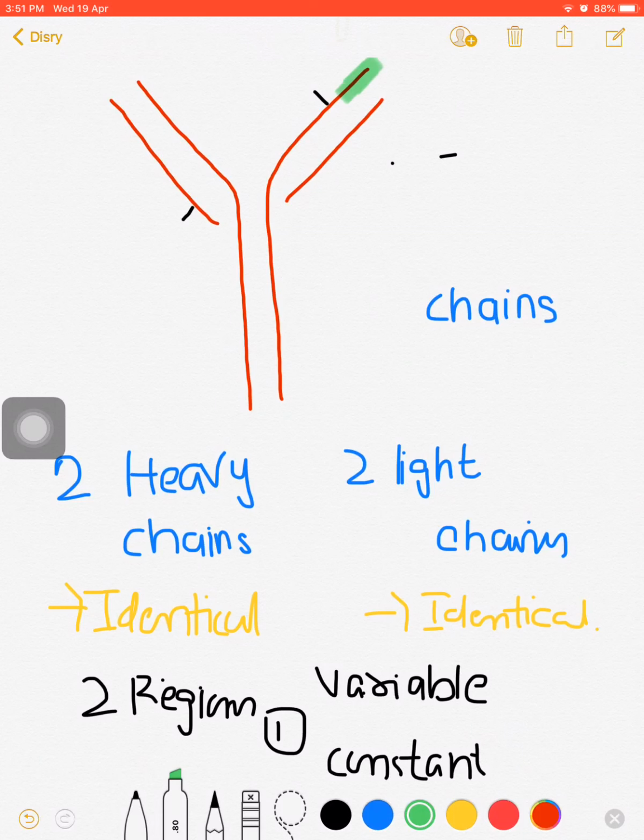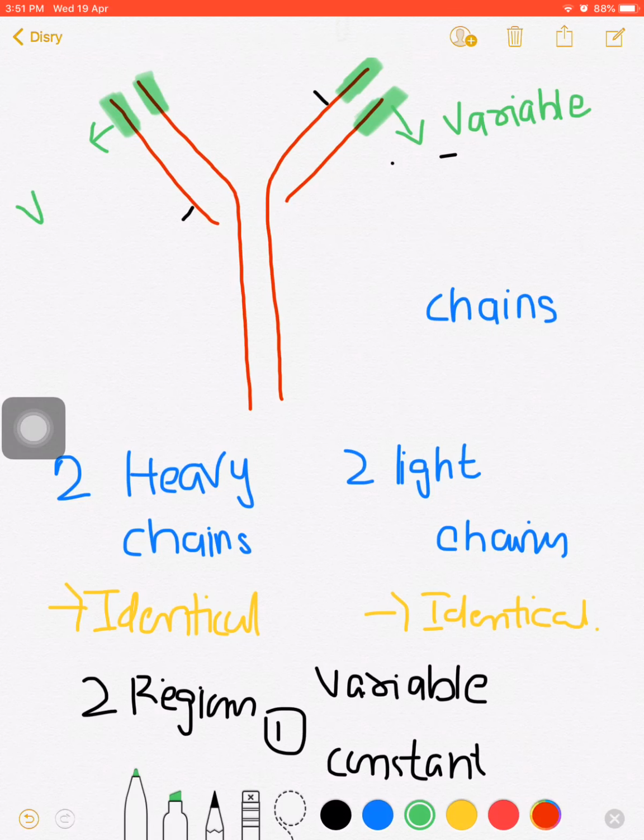This region and this region, the thing made up of green, are the variable regions of this chain.